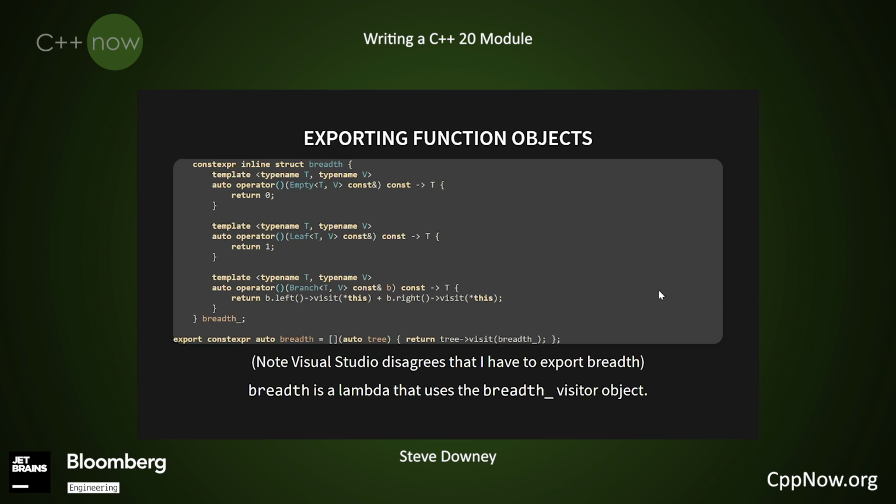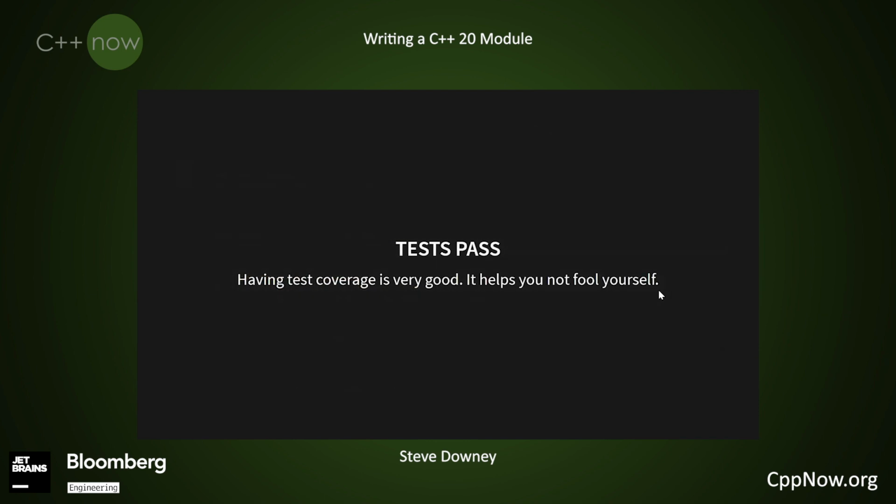I had a fairly extensive test suite for this, which was useful, and then going through and exporting the things that the tests needed in order to pass. Since the tests are modeling the actual code that I used, my actual code just compiled and worked.